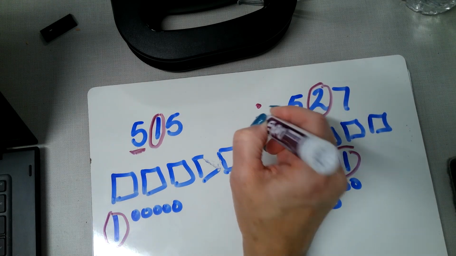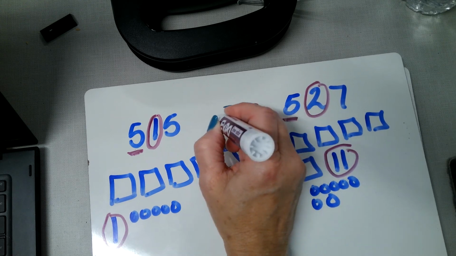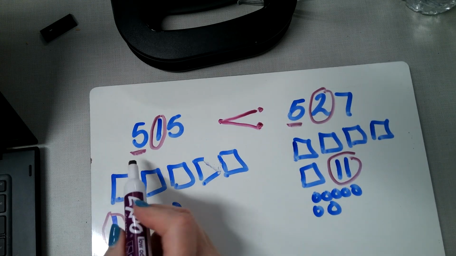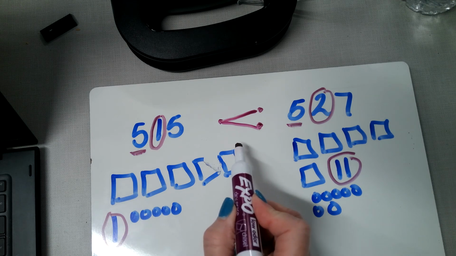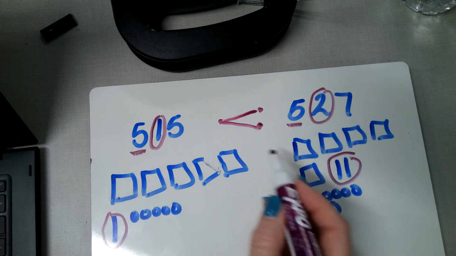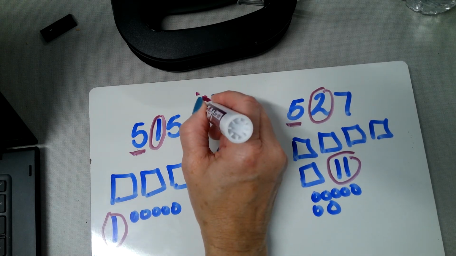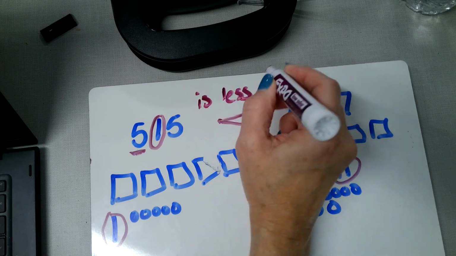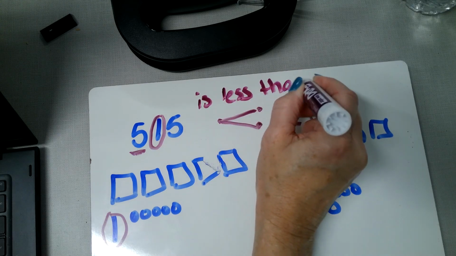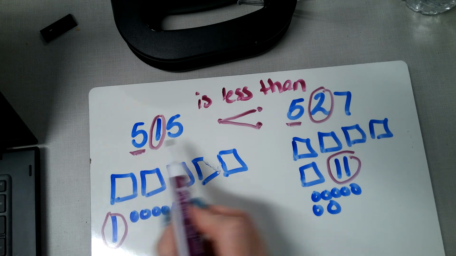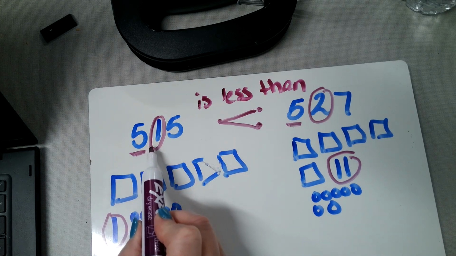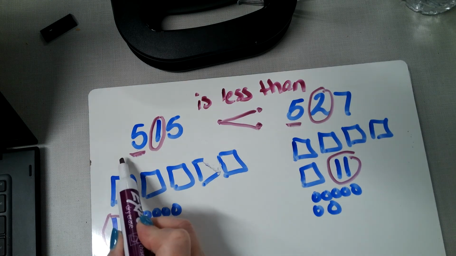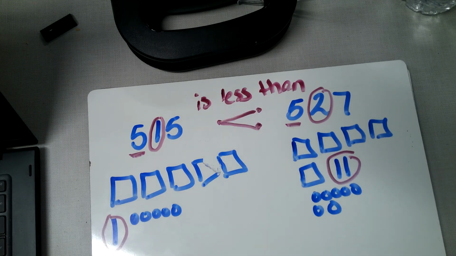I'm going to put my 2 dots over here and 1 dot here. And I would read this sentence as 515 is less than 527, or I would put the words is less than 527. So anytime I compare numbers, I'm comparing the tens place, the hundreds place. I'm going to use words and pictures.